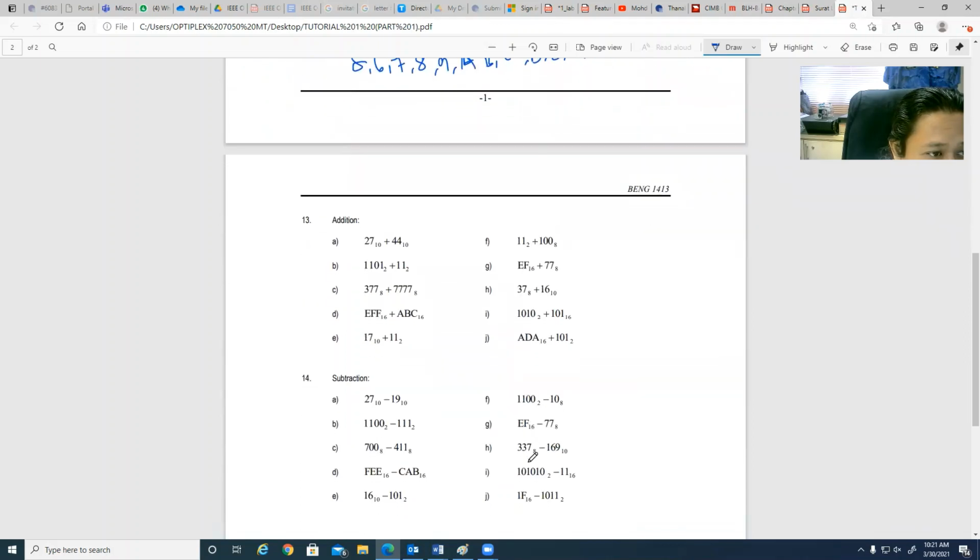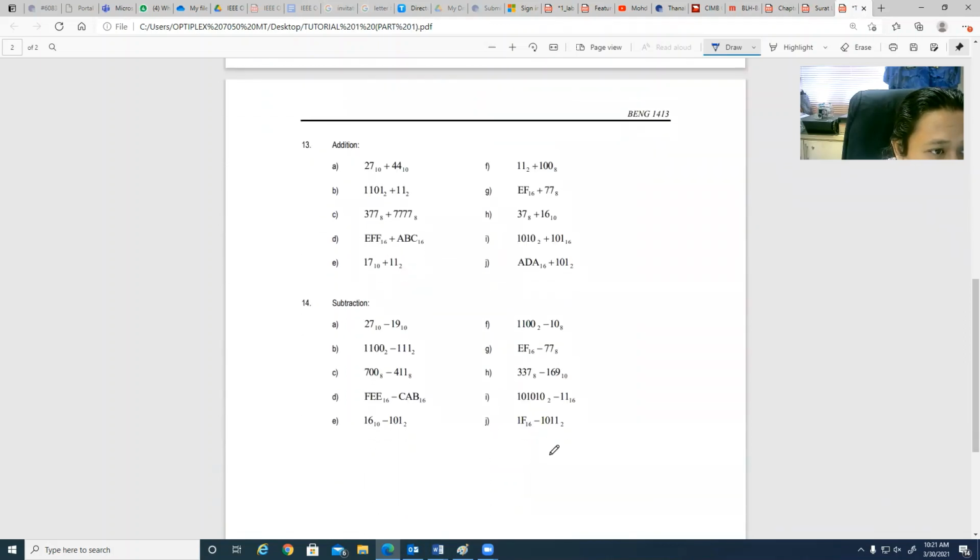Okay, so this is arithmetic, addition and subtraction. So this one, I think for decimal you can straightforward add. Okay, you can add straightforward.